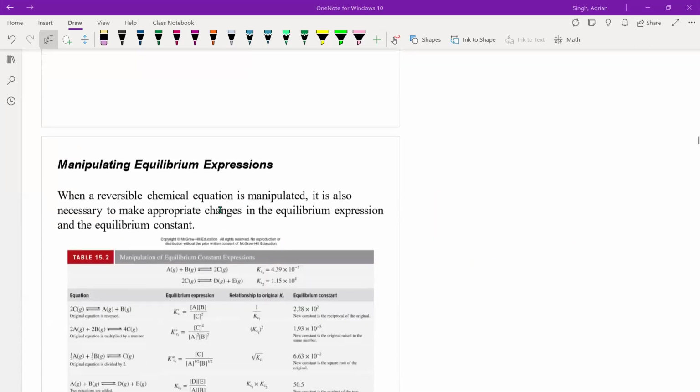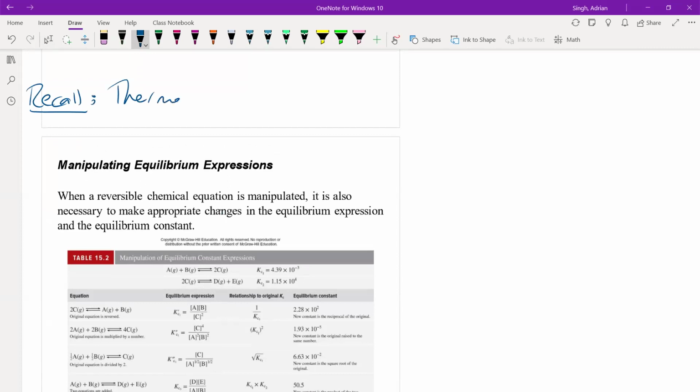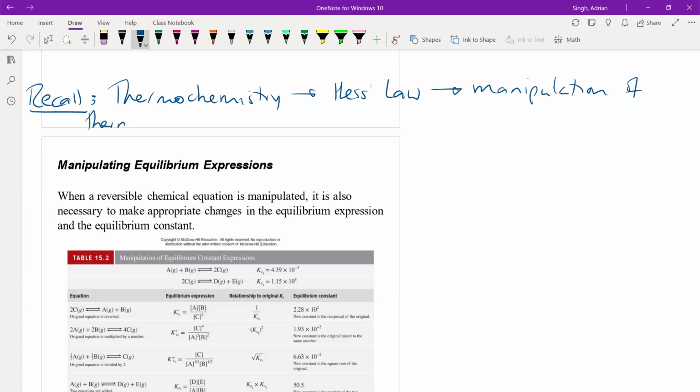The next thing we can do with our equilibrium expressions is manipulate them. And this is going to look very familiar to you, especially if you recall back in the thermochemistry section of Gen Chem 1, where we looked at Hess's law, and we saw that we could manipulate thermochemical equations.